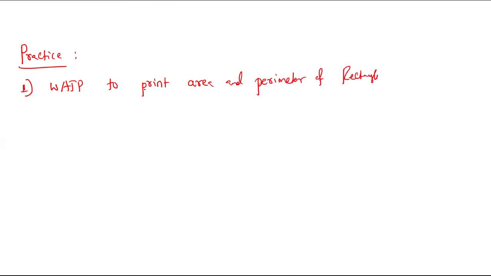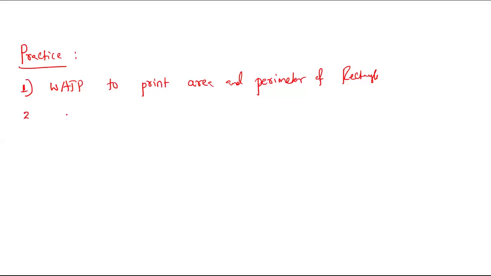To start with, first I gave the question, write a Java program to declare a method, but this time I'm asking you to print the area and perimeter of a rectangle. Previously I asked you to define methods. This time I'm asking you to print the results of the area and perimeter of a rectangle.